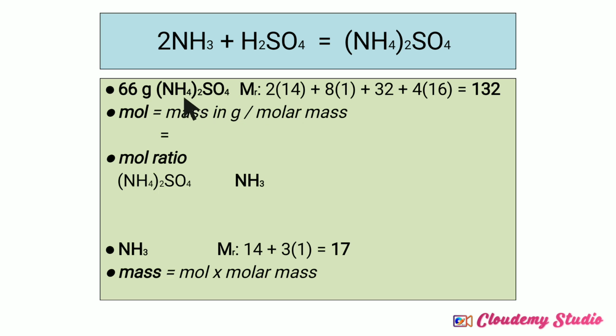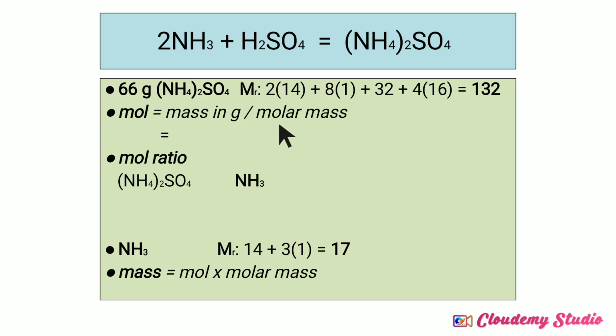Hydrogen: 4 times inside and 2 times outside, so 2 times 4, 8 times hydrogen, therefore 8 times 1. Sulfur 1 time, that is 32. Oxygen 4 times, therefore 4 times 16. If you add all the relative atomic masses together, the result is 132.